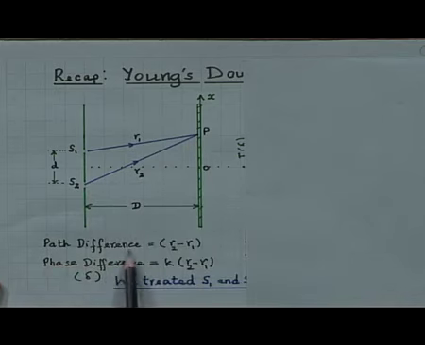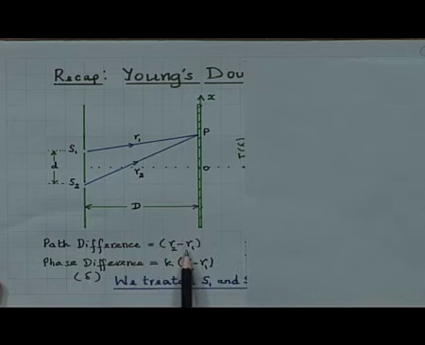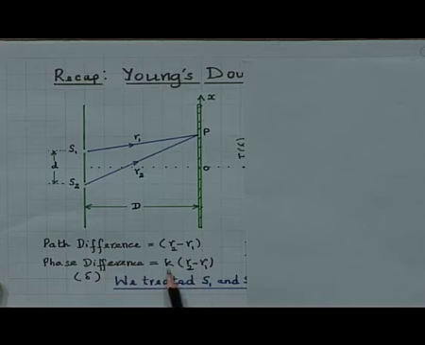Therefore, at an arbitrary point P there is a path difference between the light reaching from the 2 sources, and therefore a corresponding phase difference which is k times R2 minus R1. Recall that this k is 2 pi by lambda, the phase constant. k into R2 minus R1 gives you the phase difference delta.